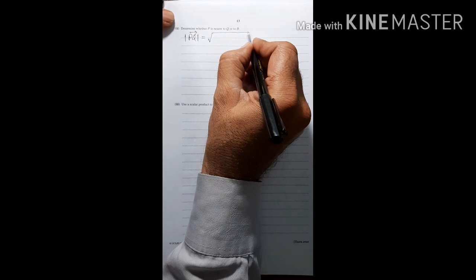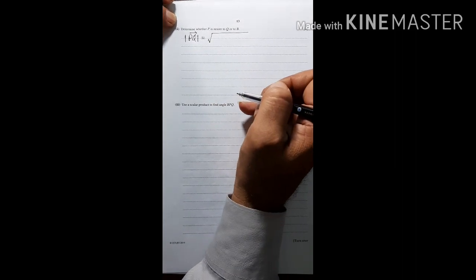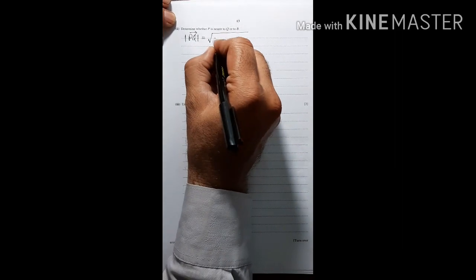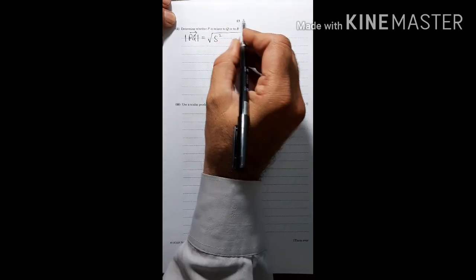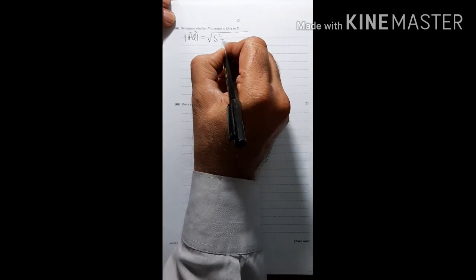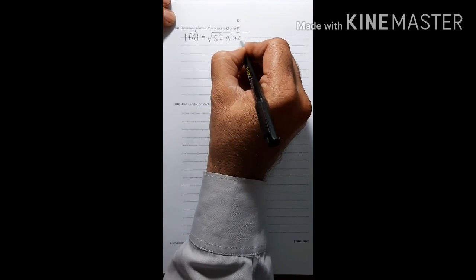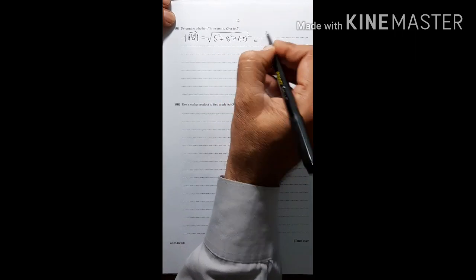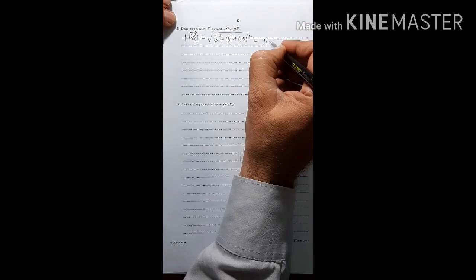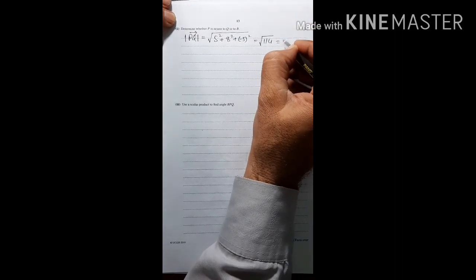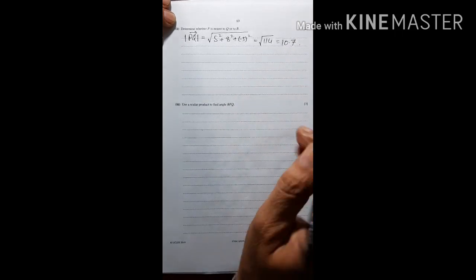And from the previous part we'll find the magnitude, which is 5 square, I hope you all know how to find the magnitude, plus 8 square plus minus 5 square, which is the square root of 114, that is 10.7.